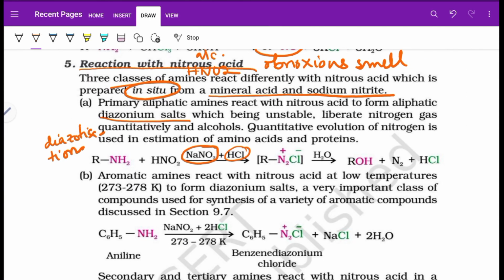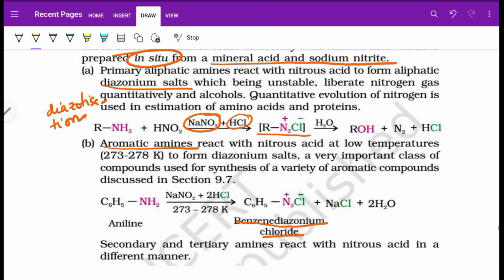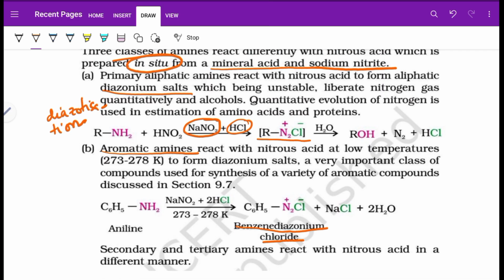If we start with aliphatic primary amine, we will get aliphatic diazonium salt. If we start with aromatic amine, we will get aromatic diazonium salt or benzene diazonium salt. Point to be noted is aliphatic diazonium salts are unstable in nature, and so this square bracket is given to show that it is an unstable intermediate which breaks down, undergoes hydrolysis and evolves nitrogen gas and finally gives you alcohol as the product.